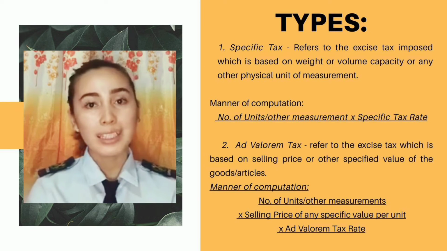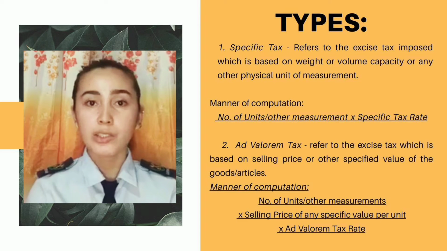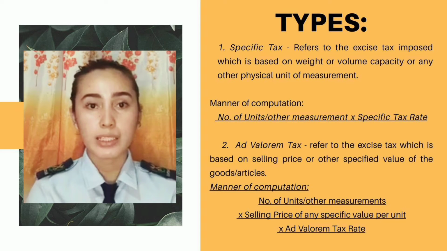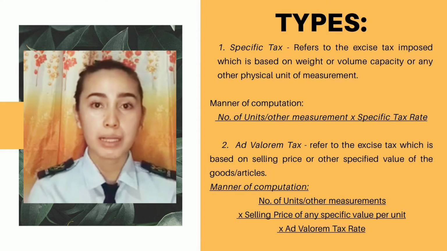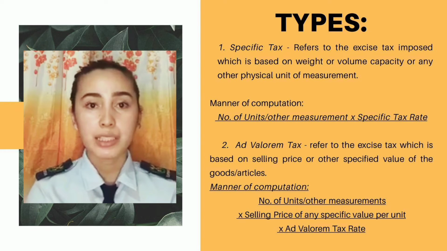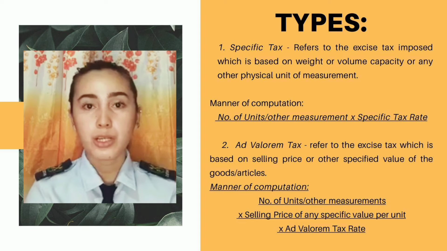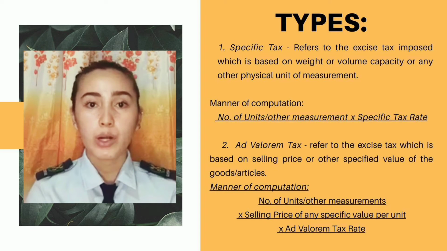Now, when we say specific tax, this is our excise tax which is based on weight or volume capacity or any other physical unit or measure. The manner of computation is number of units or other measurements multiplied by the specific rate.